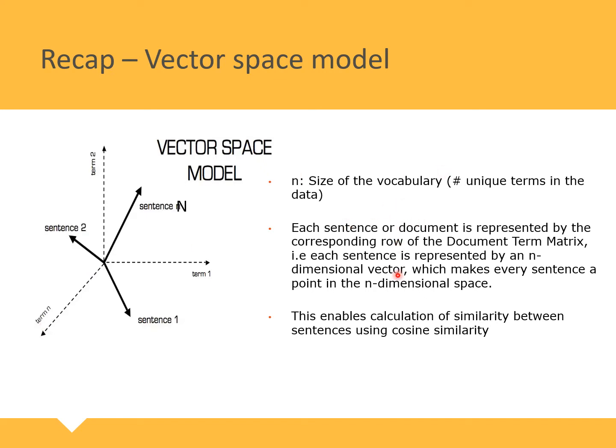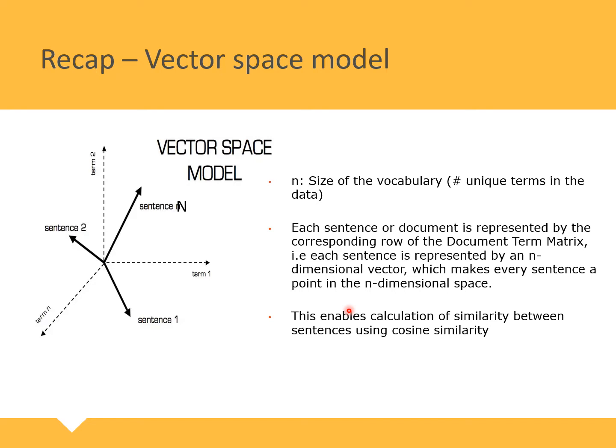The other way of interpreting this representation is that if you look at the document term matrix, then every row of the document term matrix is a representation of the corresponding document or sentence. So every row will be a document vector of that particular document or sentence.